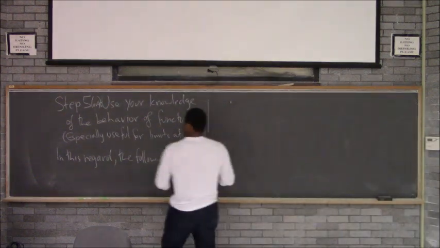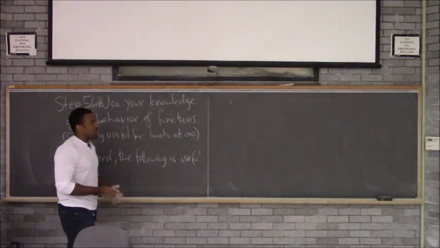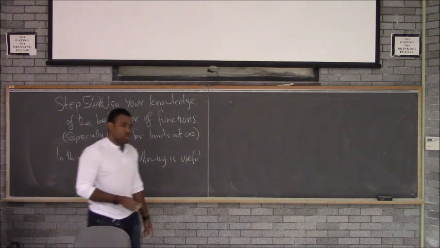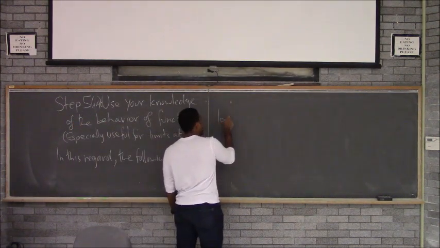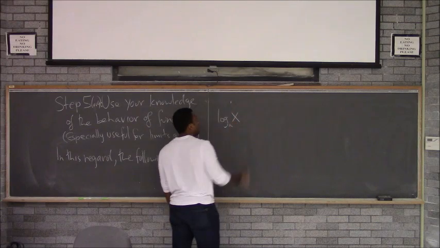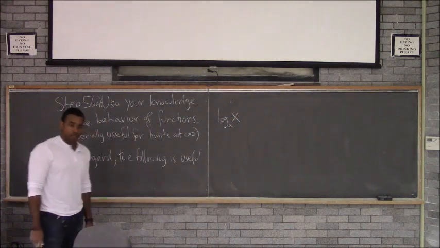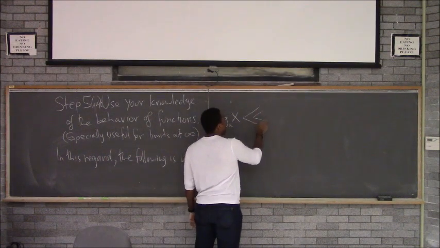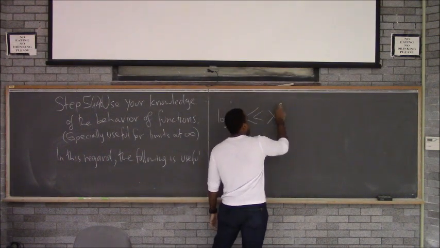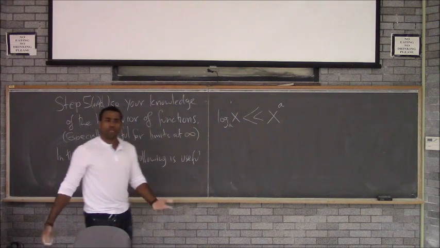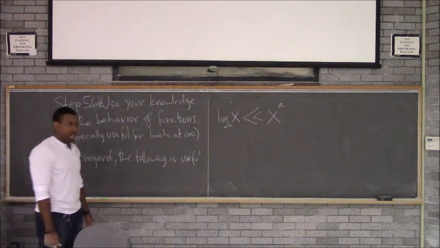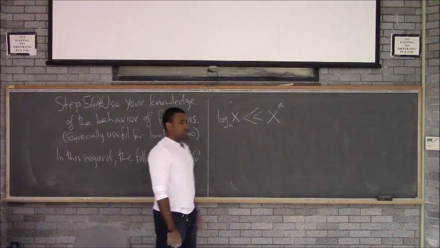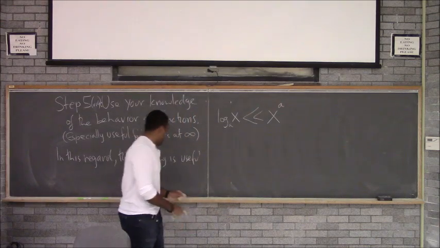So, in terms of non-constant functions, one of the slowest growing functions that we know of is the logarithm. This guy is going to be pretty much on the bottom. Now a polynomial, like x to the a, like x squared or x to the 4th or x to the 5th, something of that sort, is much bigger than a logarithm as x goes to infinity.